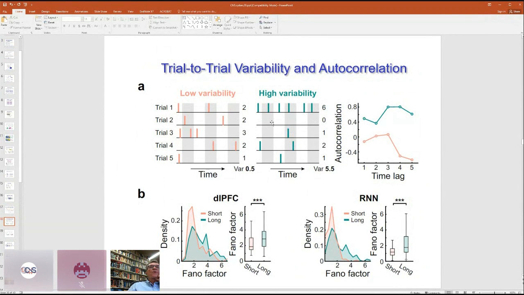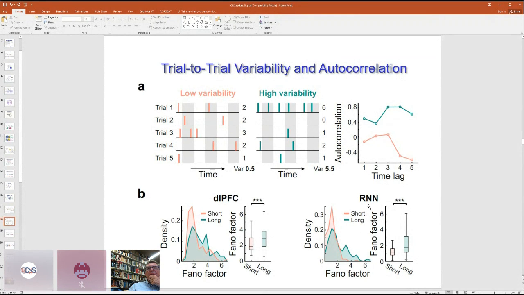And if you do an autocorrelation, you can pick that up very easily. So here's the density, and we computed the Fano factor, which is a measure of variability. And you can see in the dorsolateral prefrontal cortex, there's a long tail where the Fano factor is higher, and there are more small Fano factors, suggesting relatively low variability for the short ones.